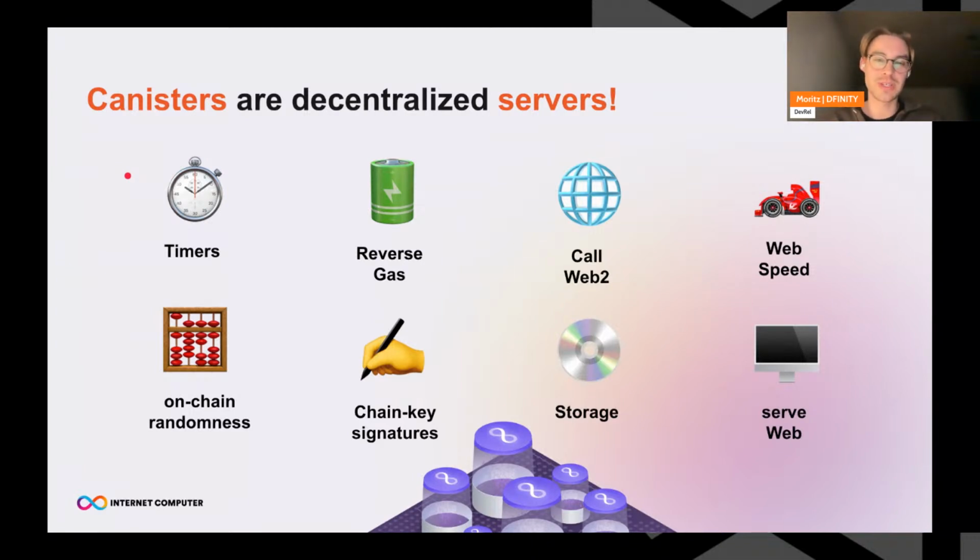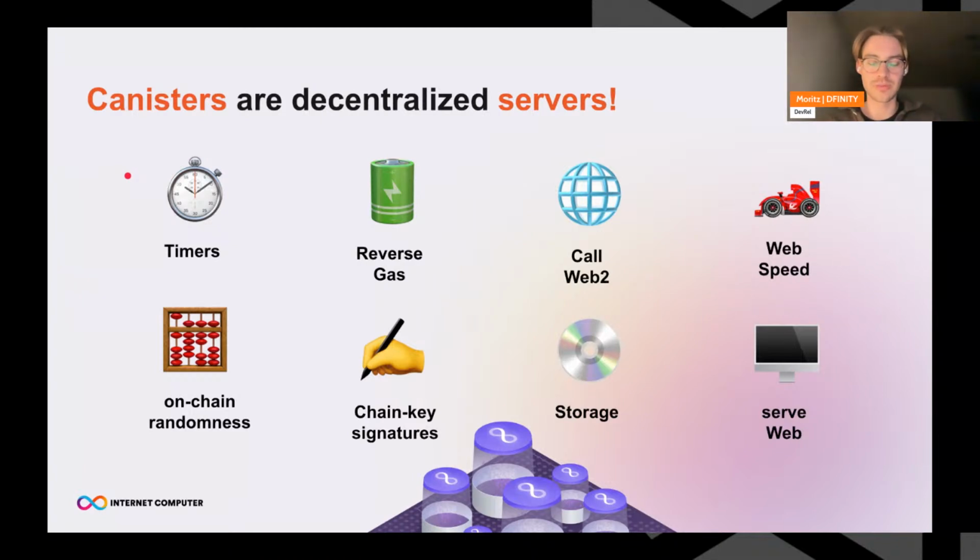The next feature is more a capability of the system, and that is that smart contracts are able to operate at web speed. So when you send a message to the Internet Computer and it gets processed, it takes roughly 1 to 2 seconds until that message is finalized.